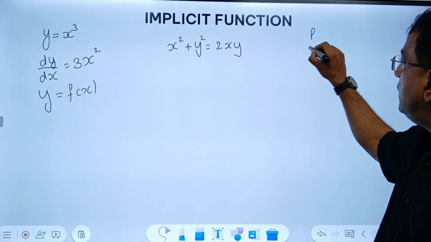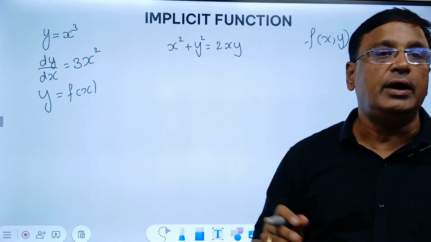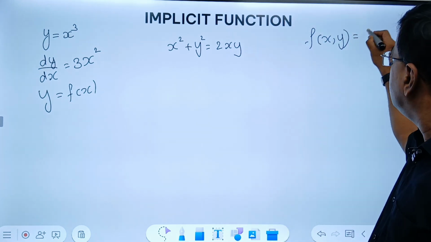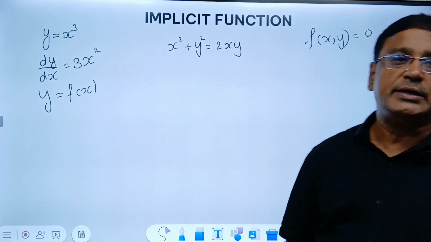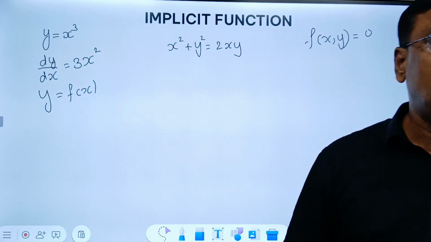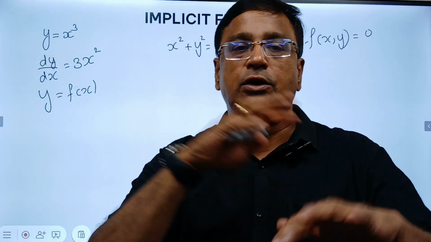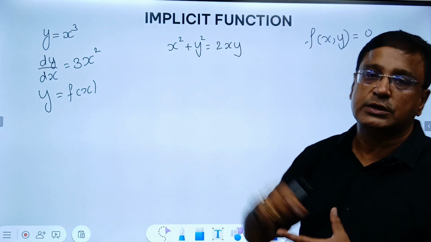Whereas here it will be f of x comma y equal to 0, or whatever it is, f of x comma y. It will be a fusion of x and y together. So like this, you cannot have y on one side and x on the other side. It will be a merge of x and y together. Such functions are called implicit functions.